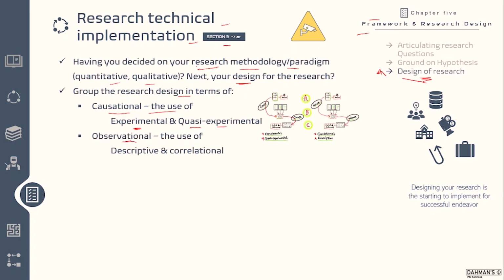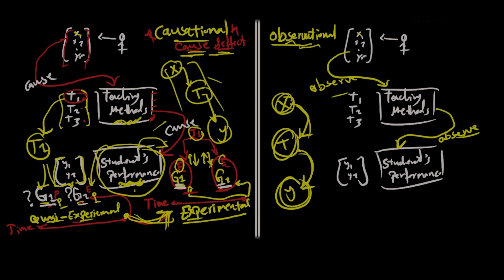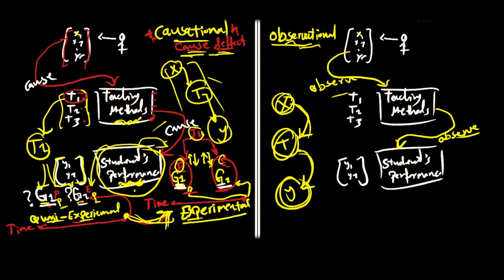We can use two different methods. It's called descriptive and correlational. So once again, in the illustrative image we have here, if I would have to differentiate between the two methods, it goes as follows. I would choose, for example, group 1 maybe, and maybe group 2.